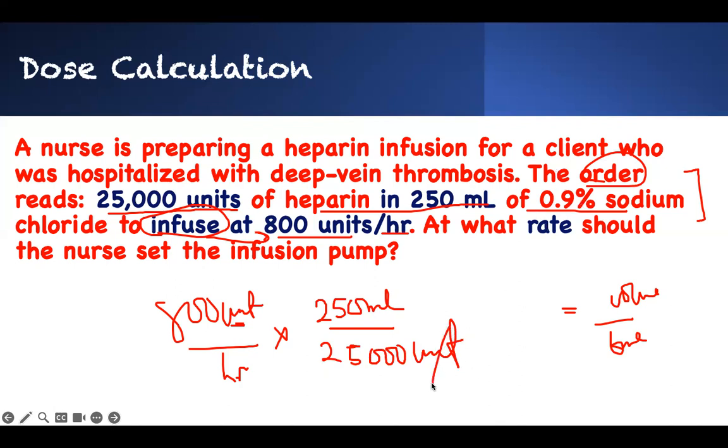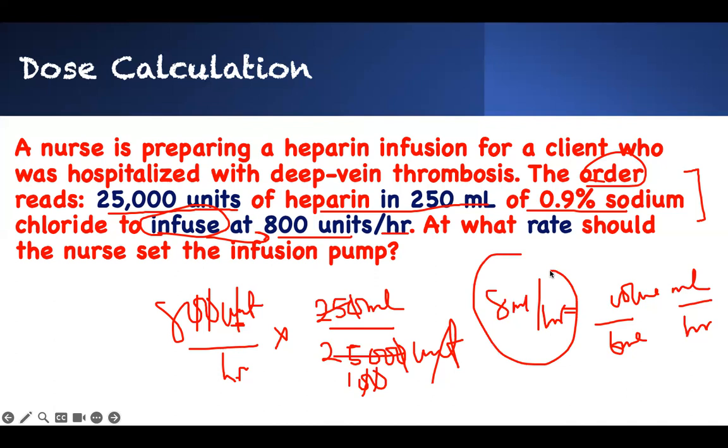Now unit cancels unit, and what you're left with is 800 times 250 ml over an hour. That's how the patient is going to get it. So this cancels this. This 25 cancels, it becomes like 100. These two zeros cancel this zero. Therefore, the patient is going to get 8 ml every hour.